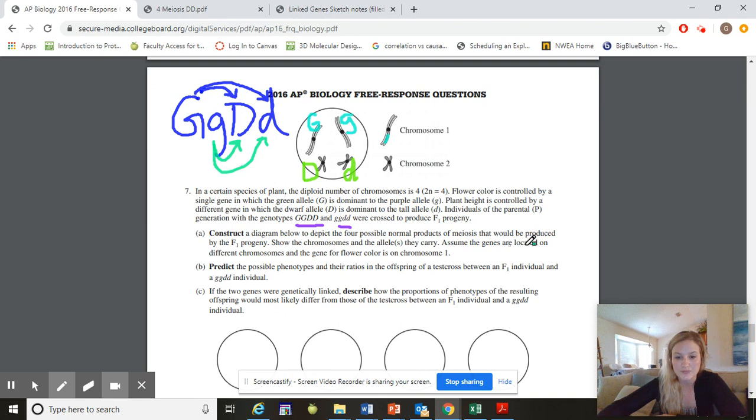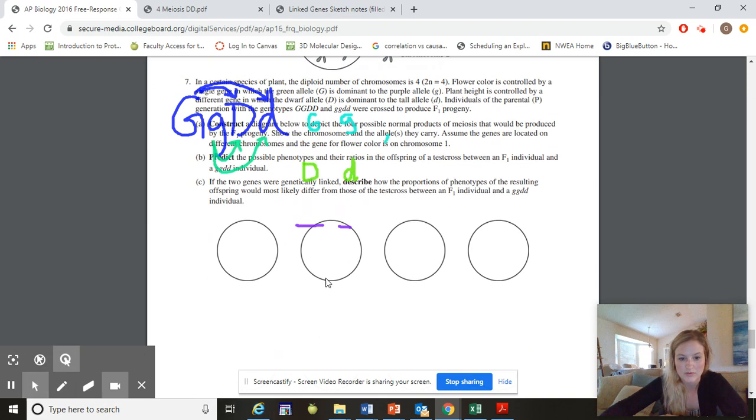So that being said, I know my first combination could be a capital G and a capital D. That is this combination. The next one could be a capital G and a lowercase d.